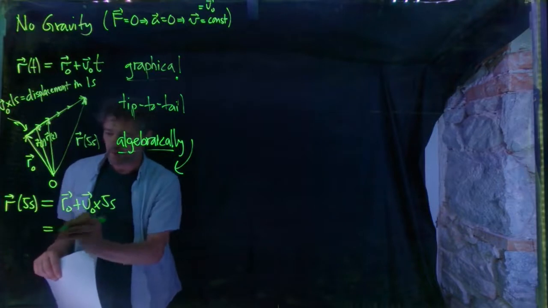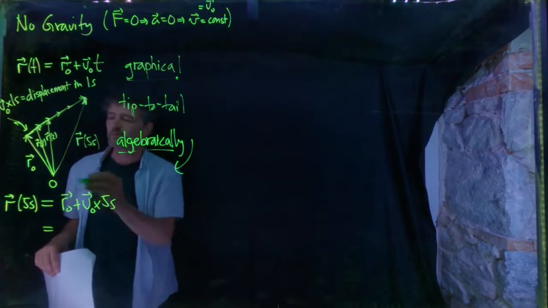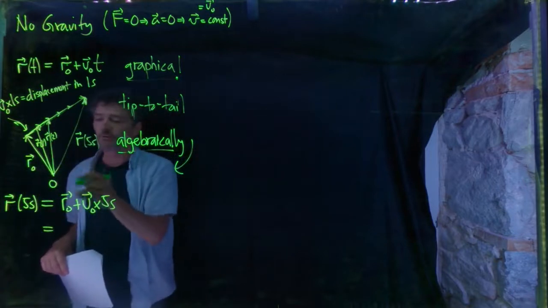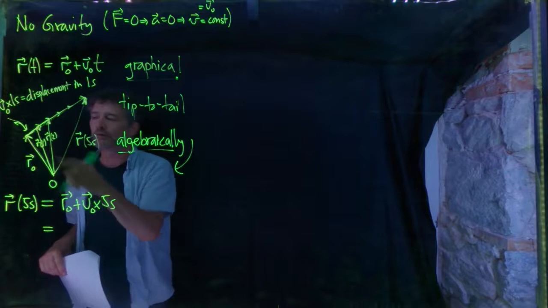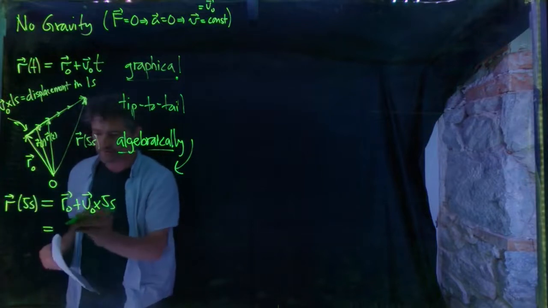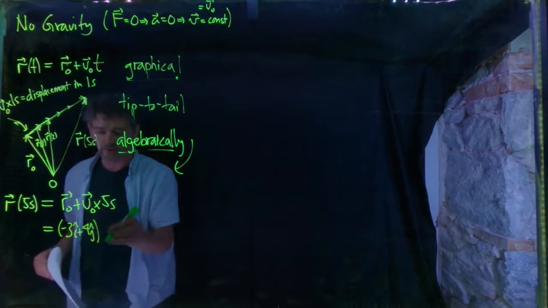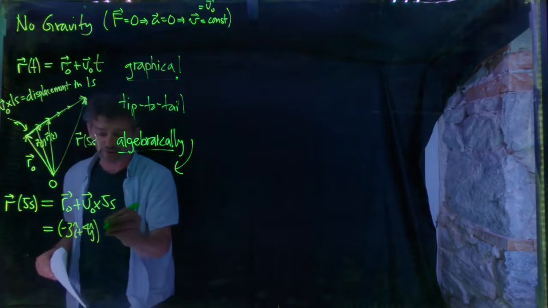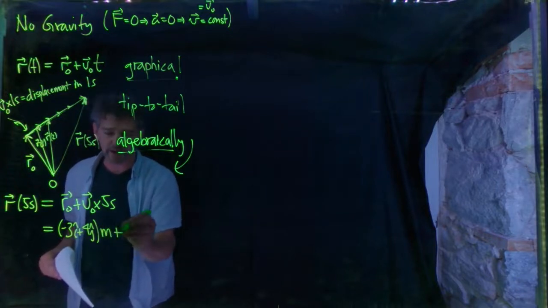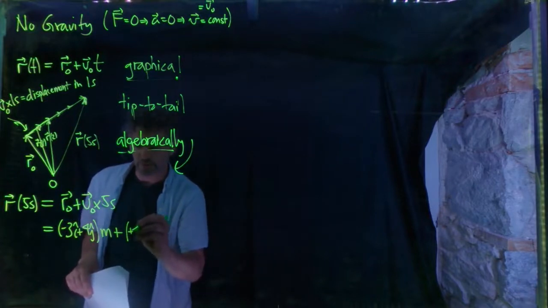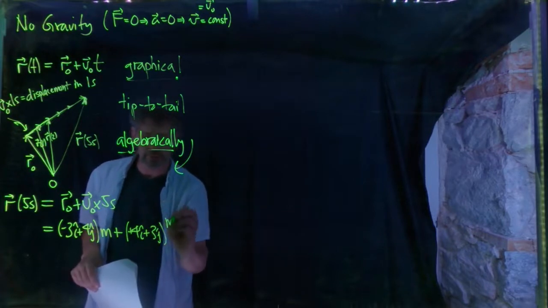And so then let's work this out. In the last whiteboard, we had just made up an r0. We said it's -3 in the i hat, +4 in the j hat, if I remember. Yeah, so r0 is -3 i hat, +4 j hat, and the units are meters. Then we add to that the vector v0, which we took to be +4 in the i hat, +3 in the j hat, meters per second.